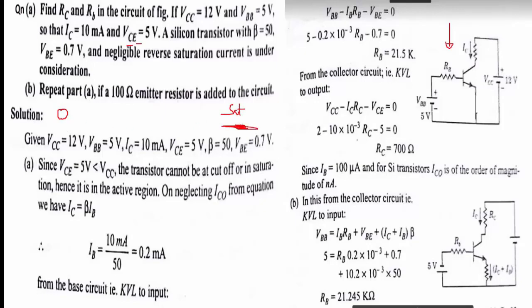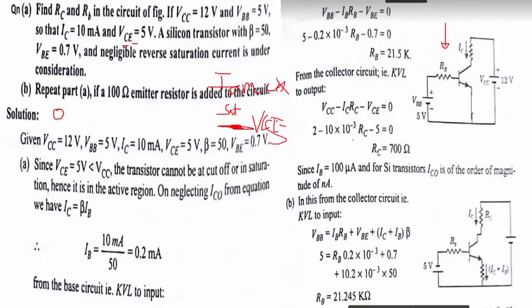Kama tunaangalia current, it is between 0 na current output, ambayo for this case ni collector current ikiwa maximum, ikiwa saturated. So ikiwa between hapo, between 0 and maximum collector current, itakuwa kwenye active region. Kwa voltage ni between 0 na supply, kwa sababu ndio voltage ya transistor nzima. Sawa, voltage ya supply. So for current, kama collector current ambayo ni output, itakuwa between maximum collector current it can give na 0, inakuwa ni kwenye active region.